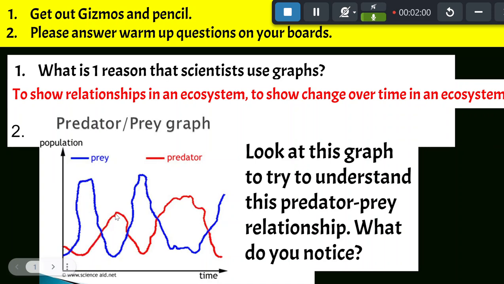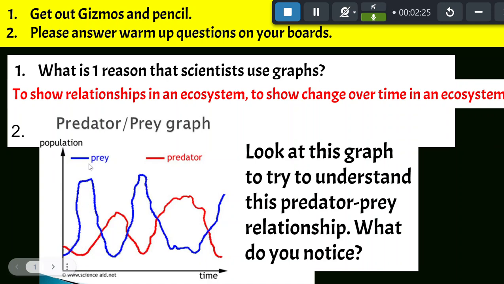But as the predators increase a fair bit, suddenly there's going to be enough predators that it will reduce the number of prey we have because they're eating them all, right? So we suddenly have a much smaller amount of prey available because we have more predators. As soon as we have fewer prey available, our predator numbers are going to go back down. And it's a cycle. It keeps going on like that.